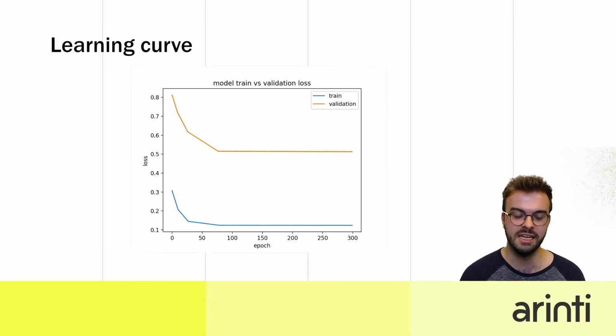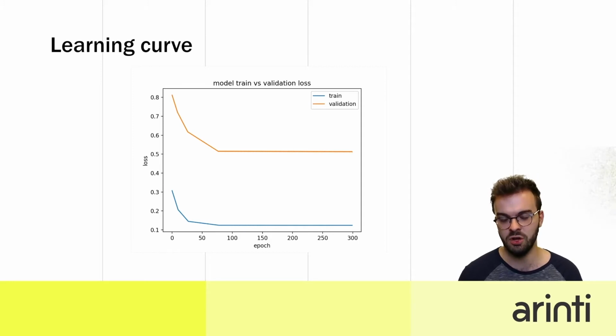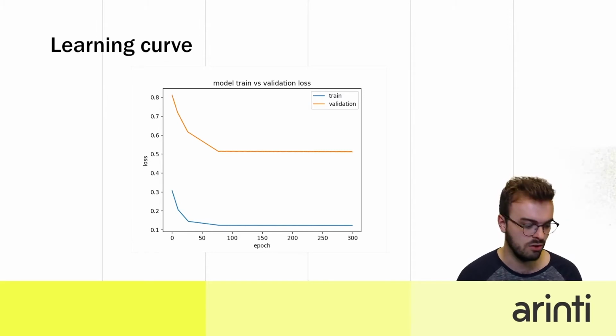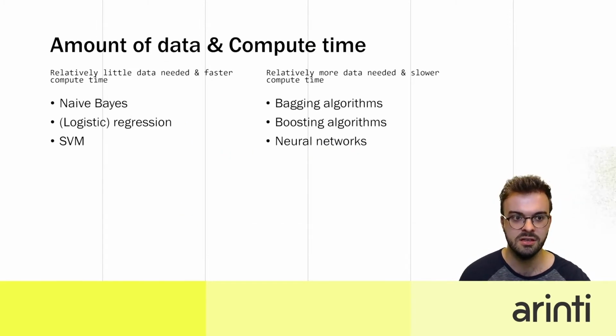But you can also do this with any kind of machine learning model, and then on the x-axis you would have the amount of training data, and this would really give you a good intuition about which models need more data and which models lead to a very fast convergence. This plot right here is not a good plot because it doesn't show convergence at all. The validation error will always be higher than the training error. So you need to fix that first. And then afterwards, you can start looking at how much data do I need to get to this convergence.